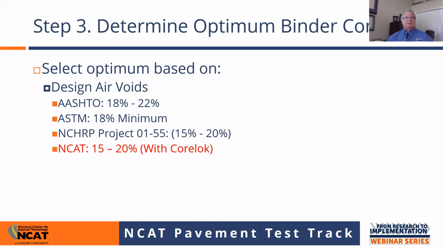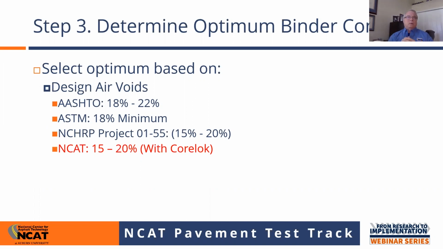Now when we actually select the design optimum binder content, there are several things we're going to look at. The first thing is air voids. AASHTO has a recommendation, that's PP 77, of 18 to 22%. ASTM has a minimum of 18%. The NCHRP project 1-55 that I discussed was 15 to 20%.